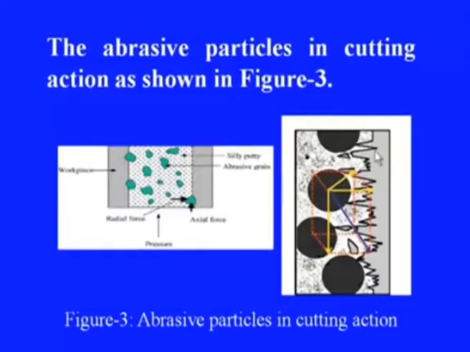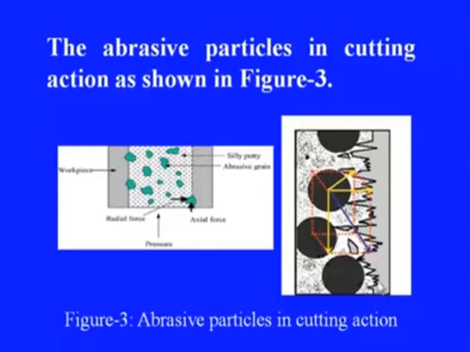So, this we can say is a magnified view of the workpiece surface, where these are some of the roughness peaks, asperities, and these need to be smoothened out or cut, so that we can get a very smooth workpiece surface.